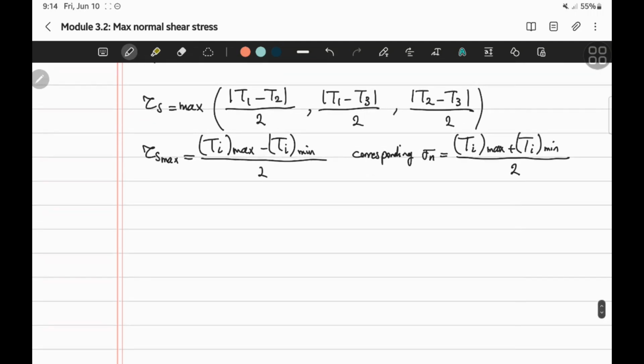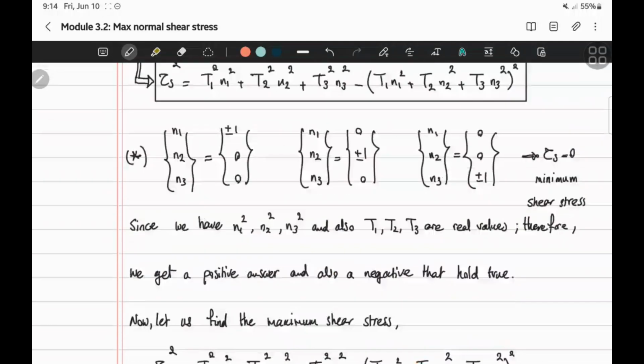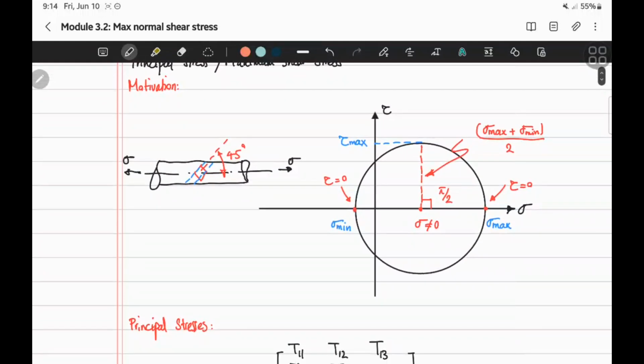So if you have, for example, let's show this on the Mohr circle, T1 equal to T2 equal to T3, then we get tau s as 0.